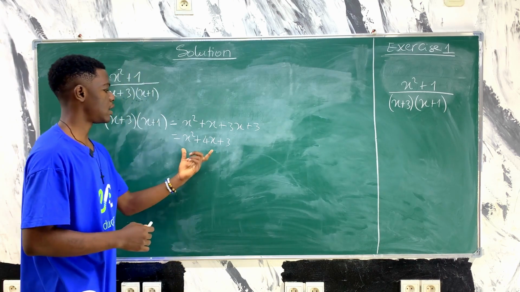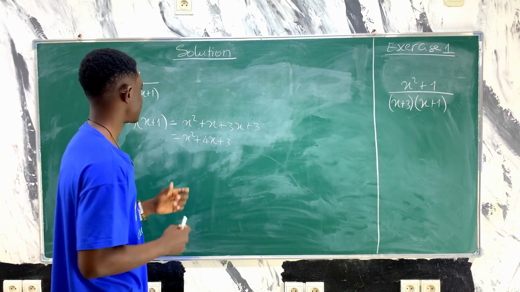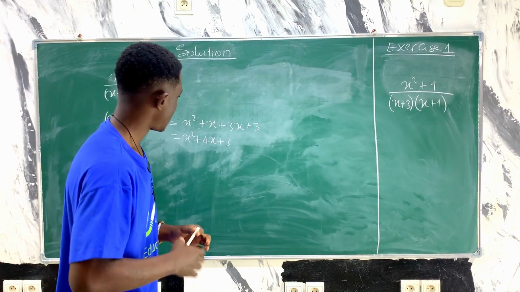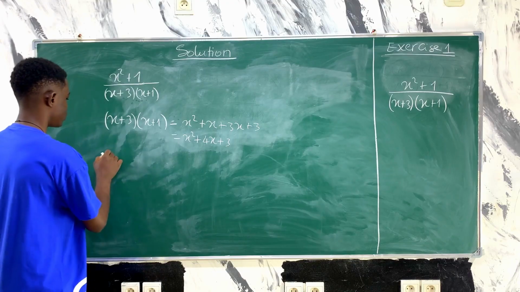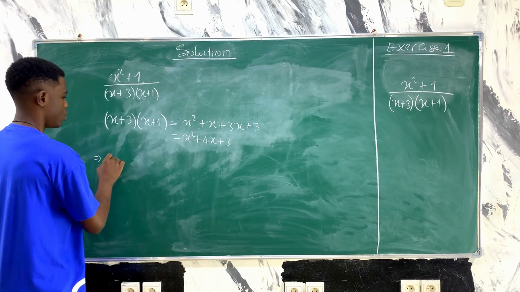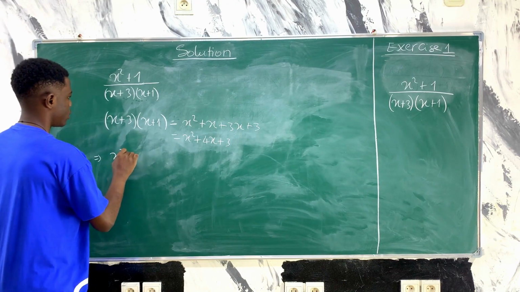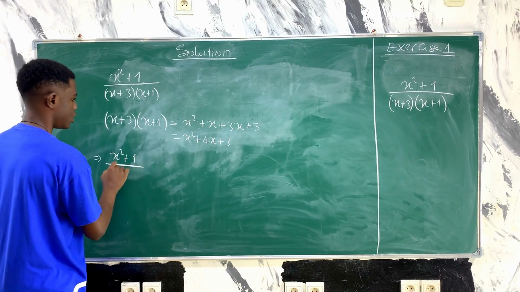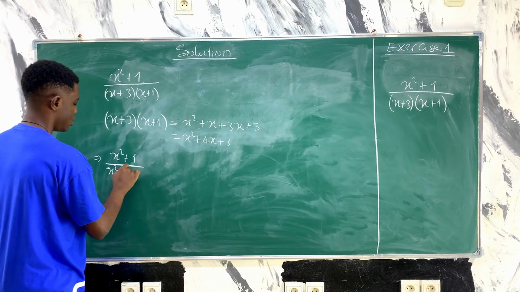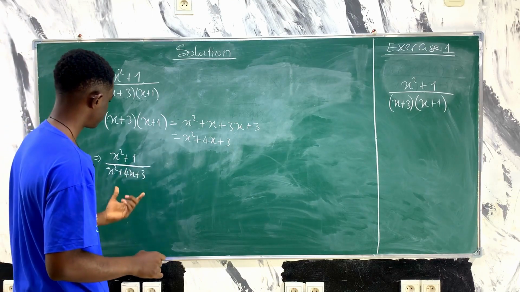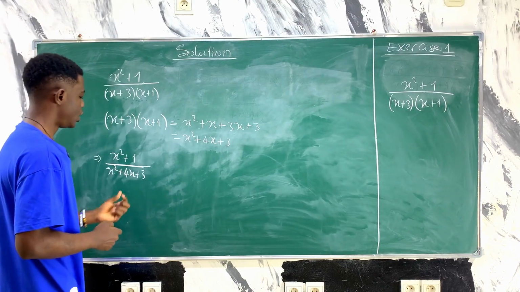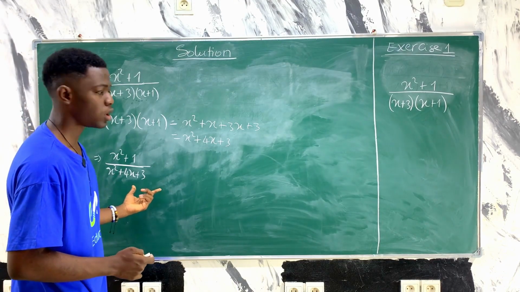When we have our answer like this, we can now do the long division. So this expression is equivalent to x squared plus 1 on x squared plus 4x plus 3.